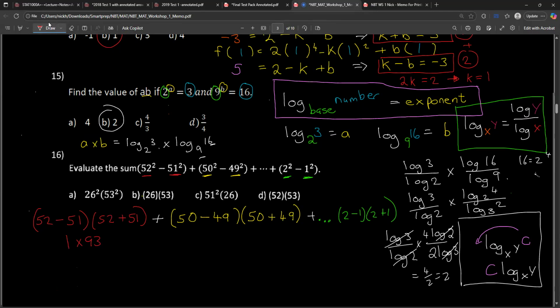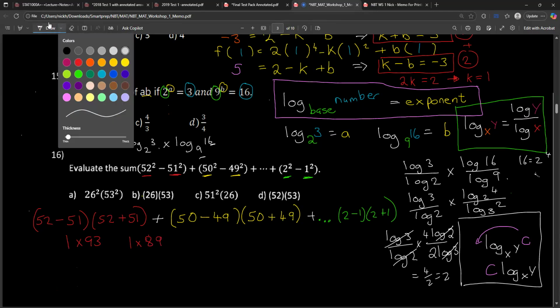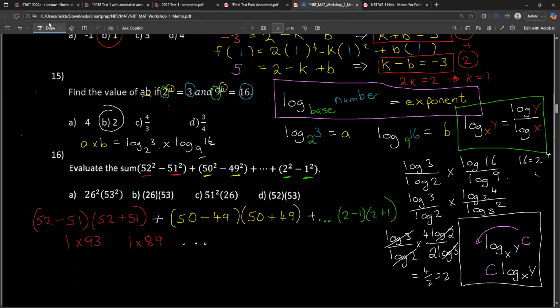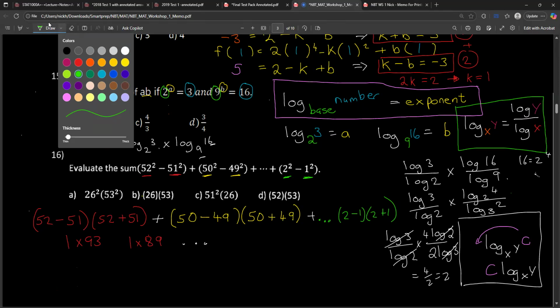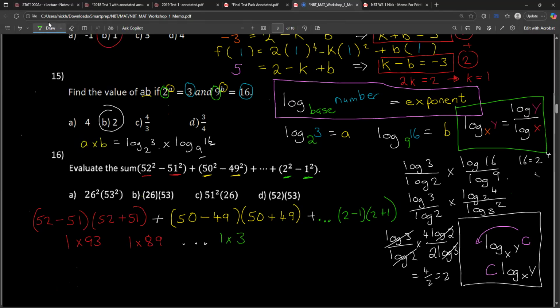And then we get 50 minus 49, which is 1, times 50 plus 49 is 99. And then all the way to the end, which is our 2 minus 1, which is 1, and then 2 plus 1 is 3. So it'll be 1 times 3.